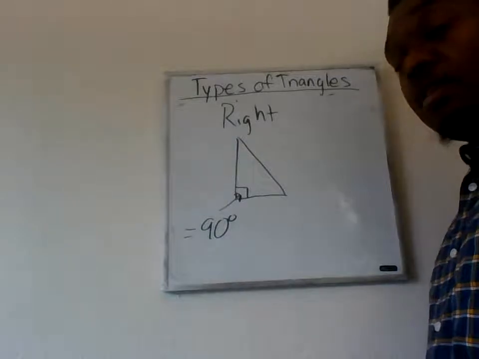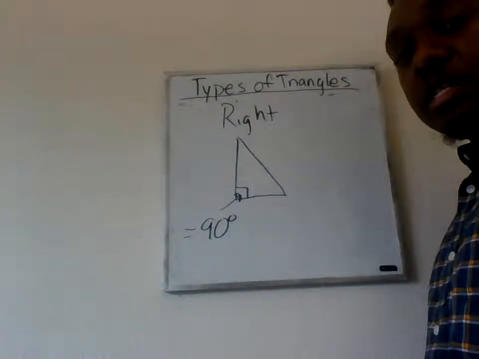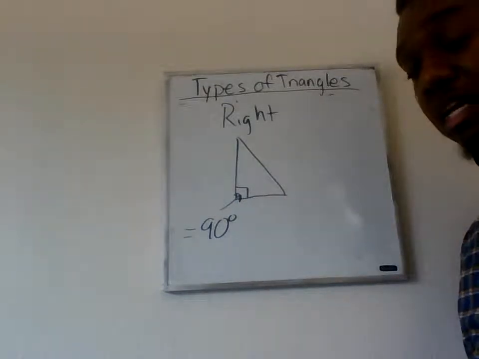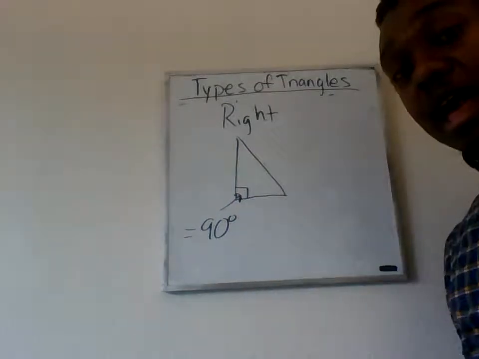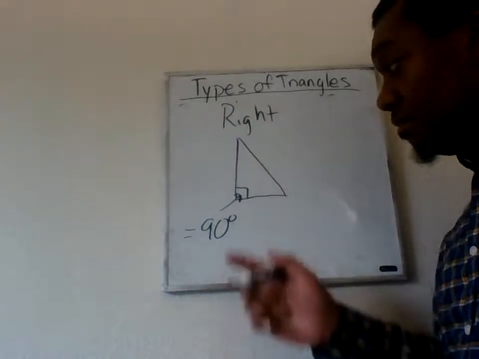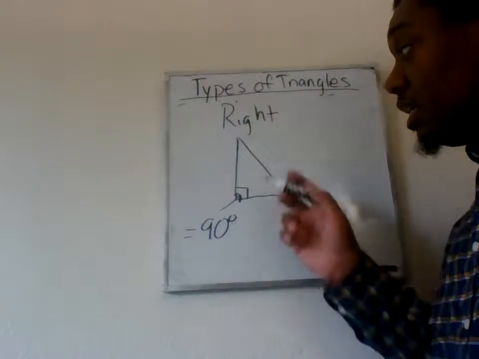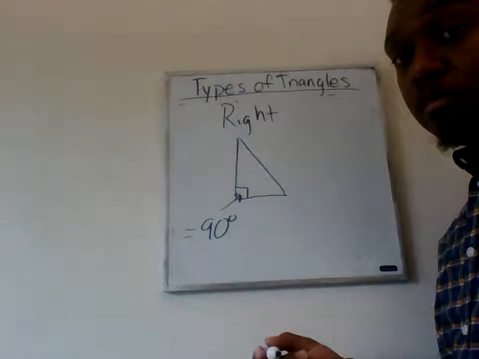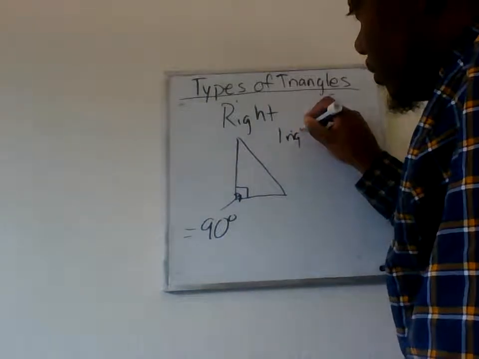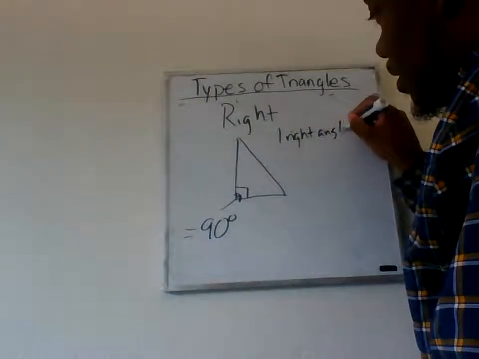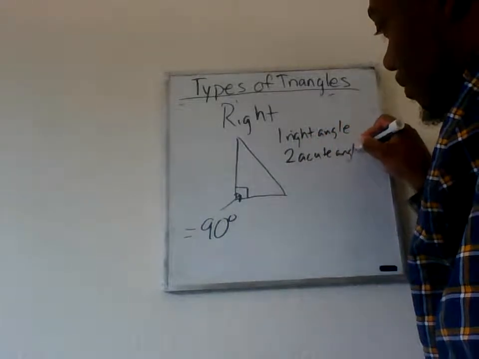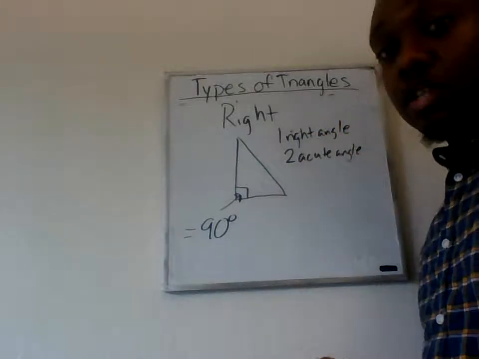So one of the angles in a right triangle must be 90 degrees. Because the sum of the angles in a triangle is 180, these two other angles have to be less than 90 because this one's 90, meaning that these two other angles are also acute. So a right triangle has one right angle and it has two acute angles. And that's what makes it a right triangle.